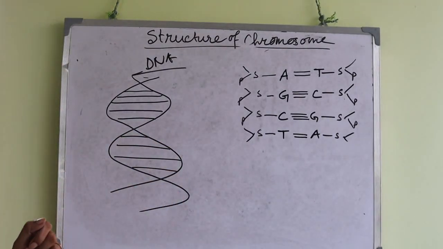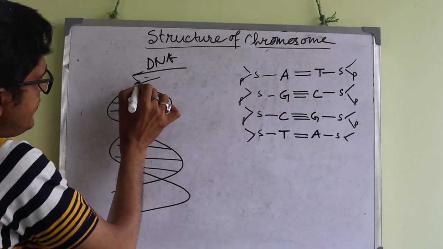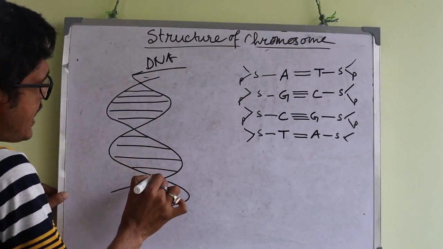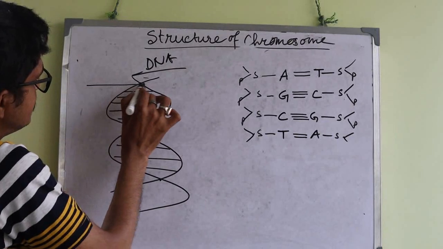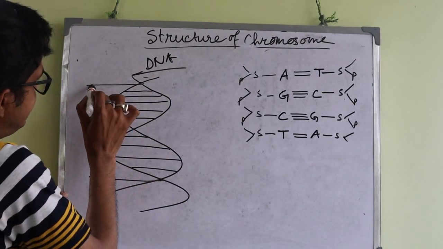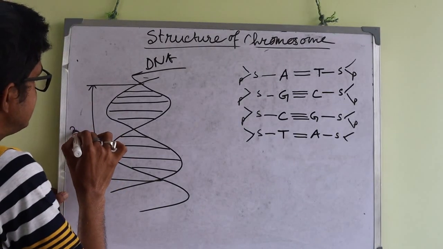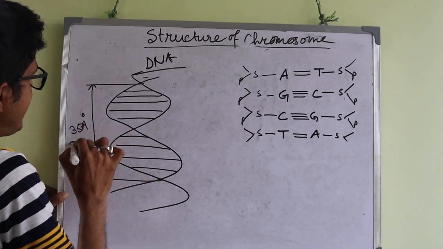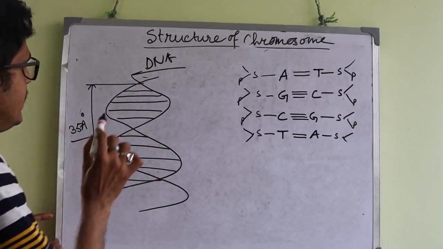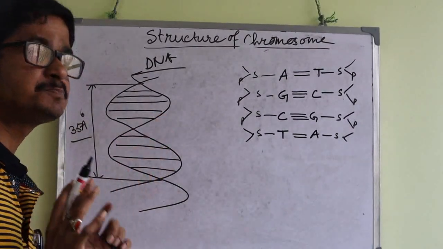If I start from here, one circle ends here, and altogether the length is 35 angstrom, and here altogether 10 base pairs are present.